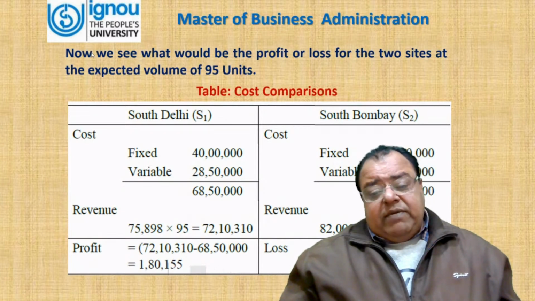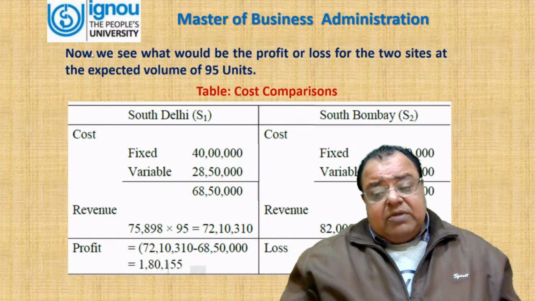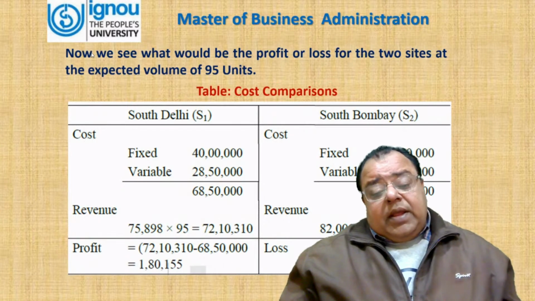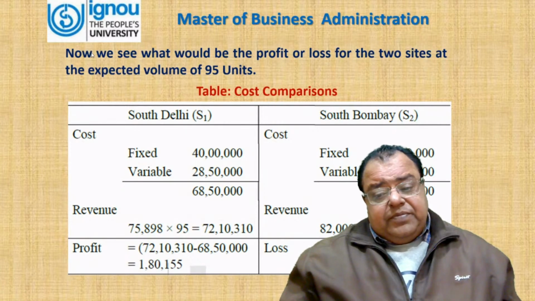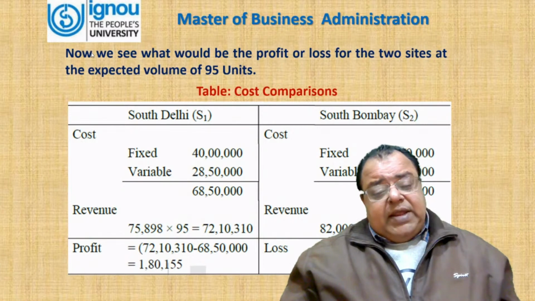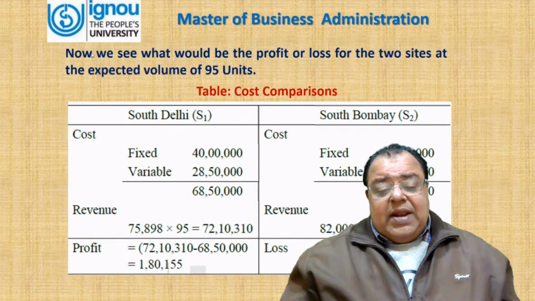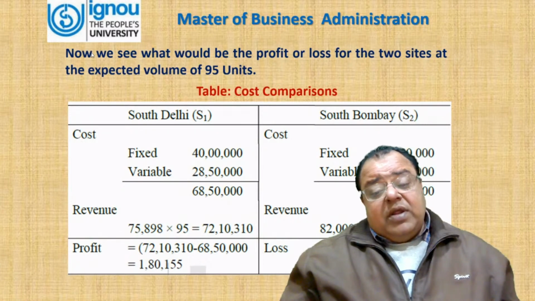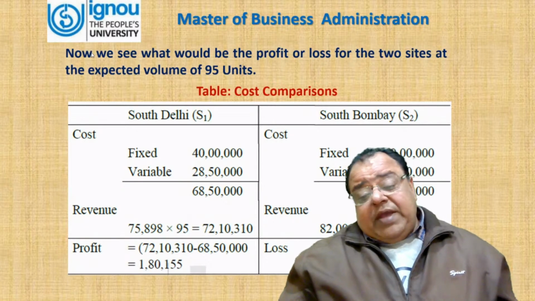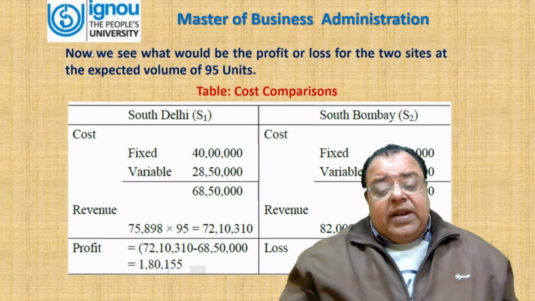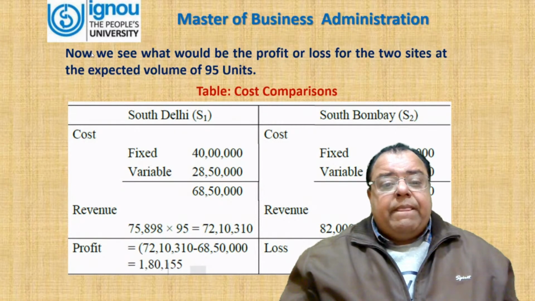And similarly, the revenue for Mumbai comes out to be 77 lakhs 90,000. If we talk about the profit and loss, here we can see that for Delhi, we have a profit of 1 lakh 80,000, whereas for Bombay, we have a loss of 4 lakh 90,000.